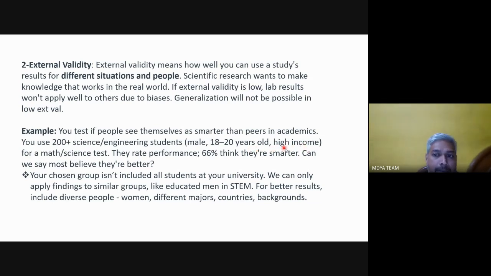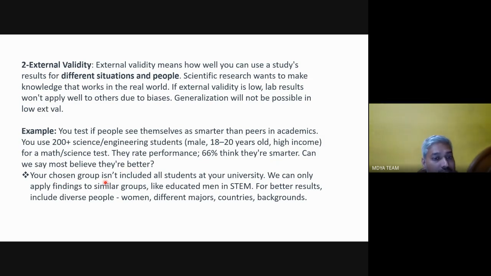These are your sample and criteria, and they take a math or science test. After the test they rate their performance, and 66% think they are smarter. Now the question is, can we say most believe they are better or smarter?